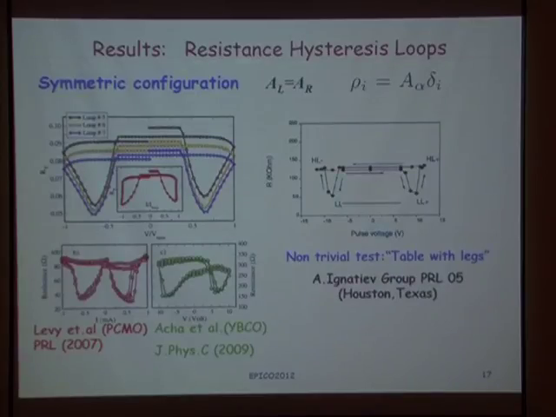So the first thing that we have analyzed is the case of a symmetric configuration. As I told you before, we can control the symmetry of our sample with the values of these A coefficients. So if we choose A left and A right equal, we are going to talk about a symmetric sample.